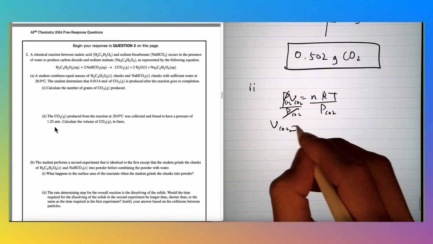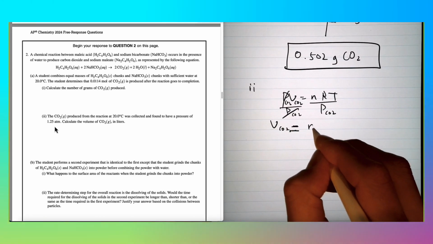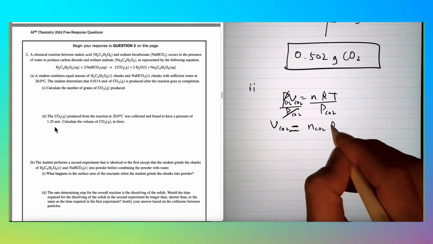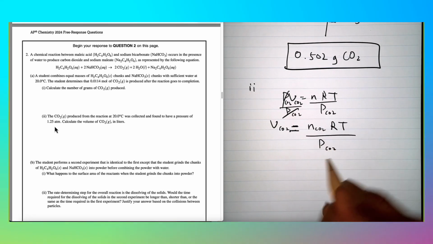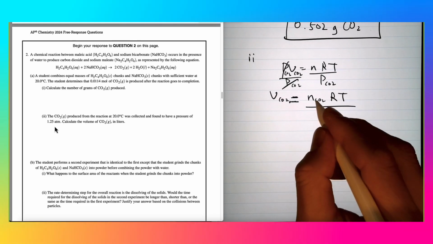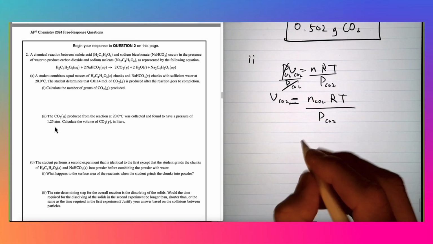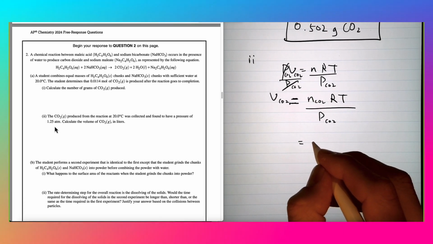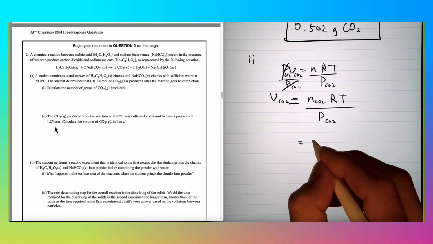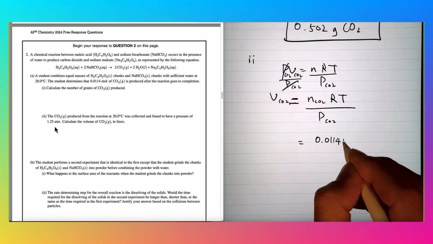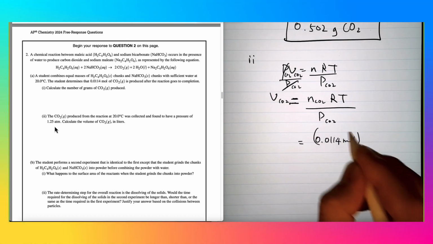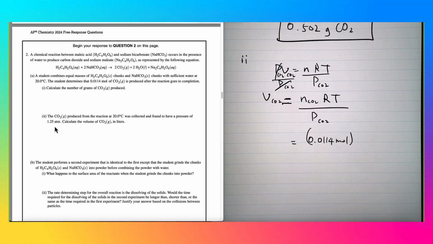Volume of carbon dioxide is equal to n of carbon dioxide times R times temperature over pressure. We're given the number of moles of carbon dioxide produced from the reaction, 0.0114 mole, and the R is given on the formula sheet.